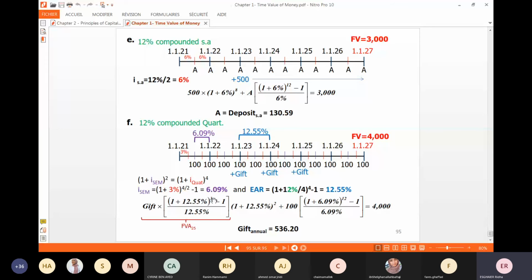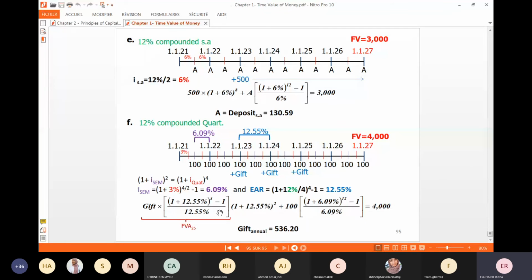We have 3 gifts. Now, the 100 is a semi-annual deposit, but the interest rate is compounded quarterly. Can we use 12%? No, it's not correct. Can we use the 12.55% annual rate? It's not correct.